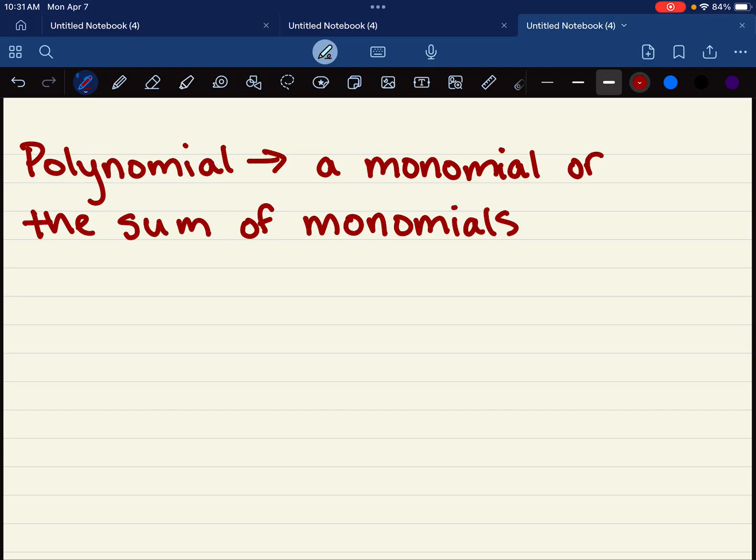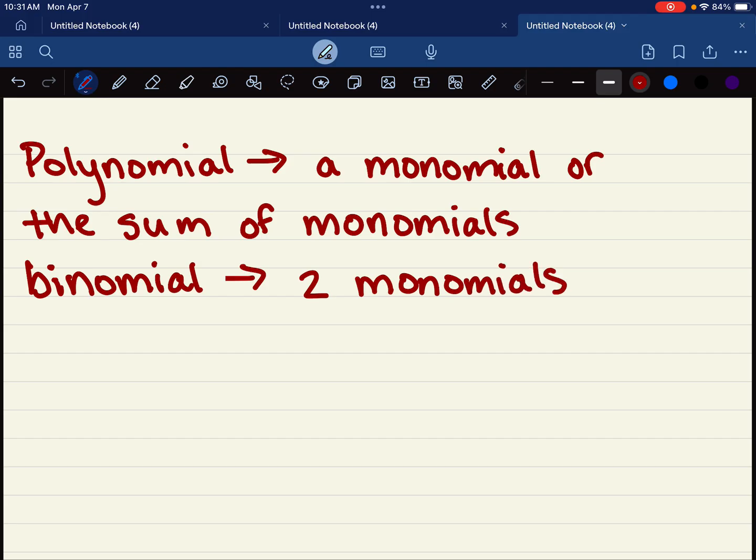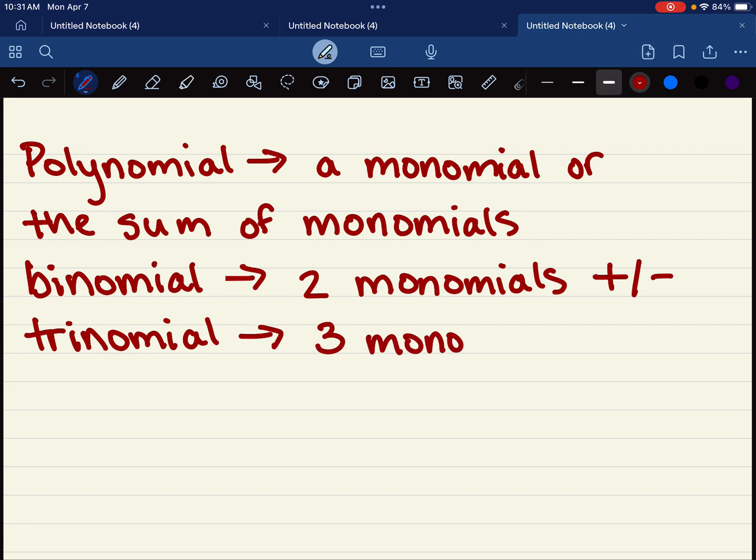So mono means one. Binomial would mean how many? Two. So that would be two monomials together, added or subtracted. And then what about a trinomial? 3. Okay.